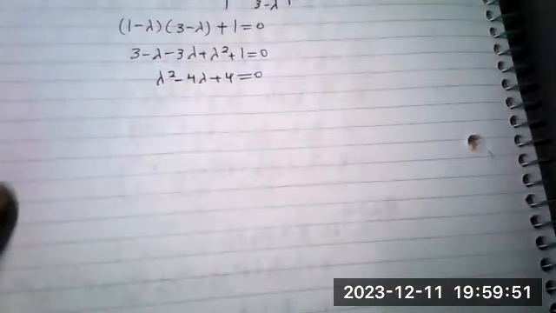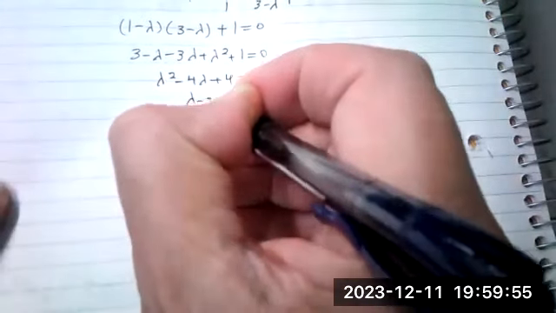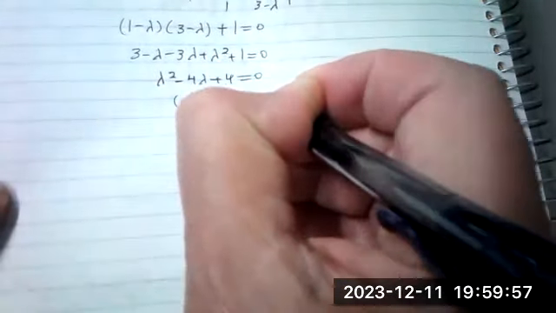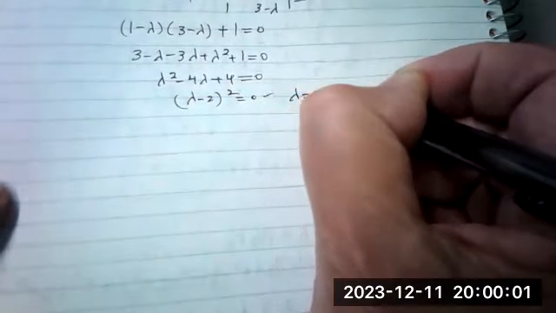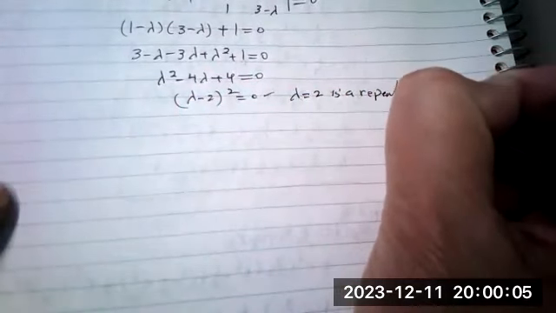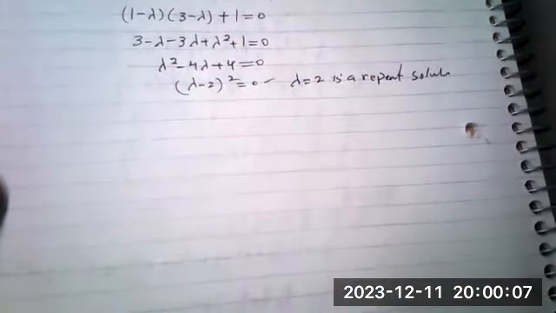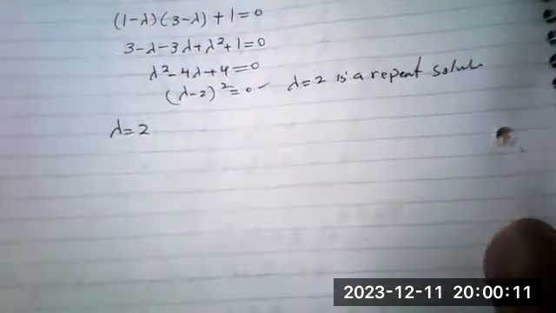A repeated one, nice. So that gives lambda minus 2 all squared equal to 0, and so lambda equals 2 is a repeated solution. Take care of one of the solutions right away first: lambda equals 2.